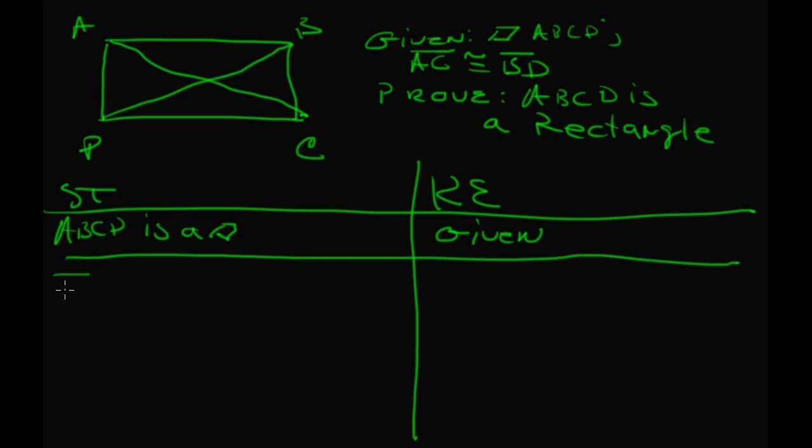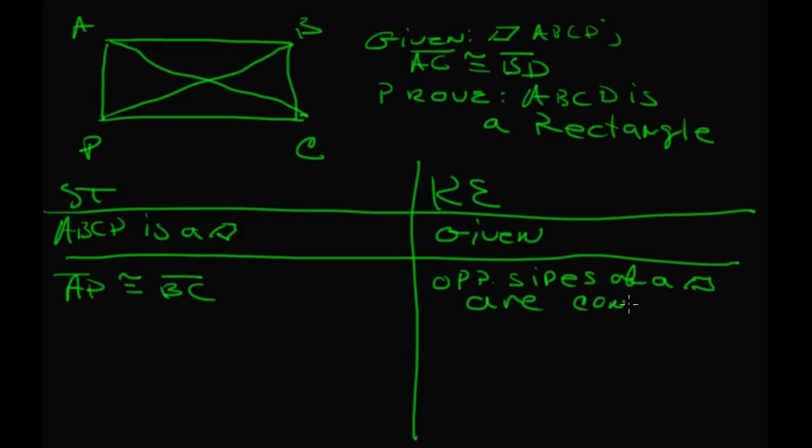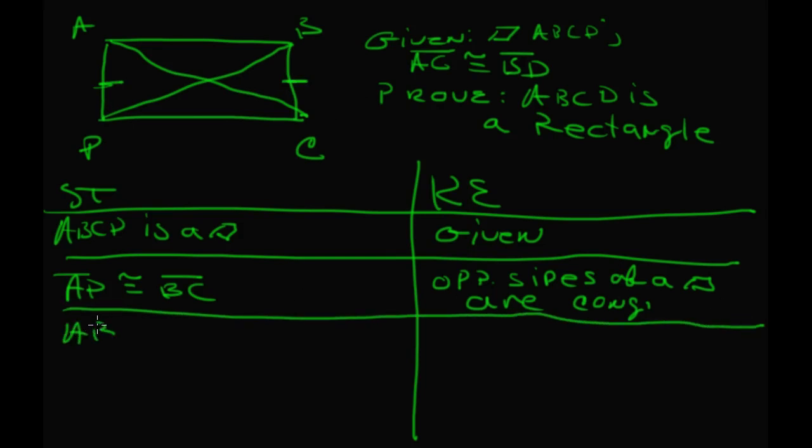That's going to tell me that segment AD has to be congruent to segment BC because the opposite sides of a parallelogram are congruent. So this guy and that guy have to be congruent. Awesome. Okay, I also know that AB has to be congruent to itself. So that's the reflexive property. That gives me this one congruent to itself.